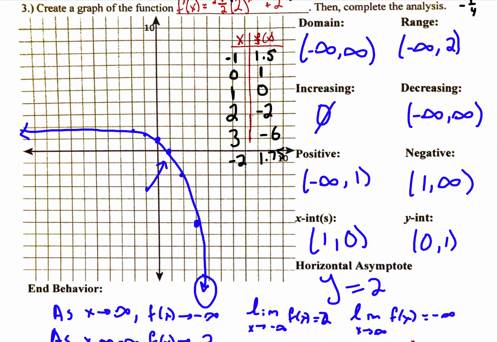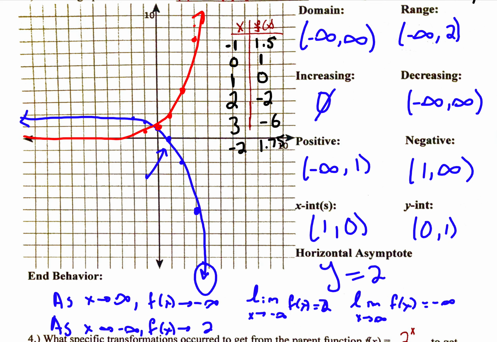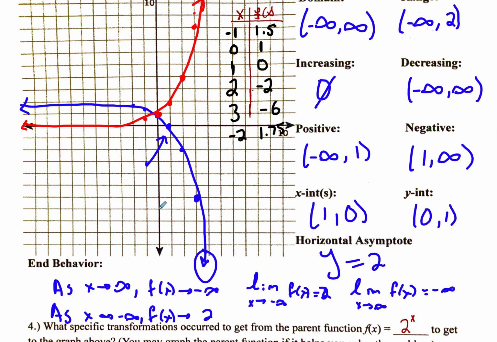So this is what the parent function looks like. 1, 2, 4, 8. Half, quarter. This is what the original function looks like. So we had to reflect and come down. Okay, then we had to, and I don't want to incur the wrath of any current or former students by forgetting my arrows.